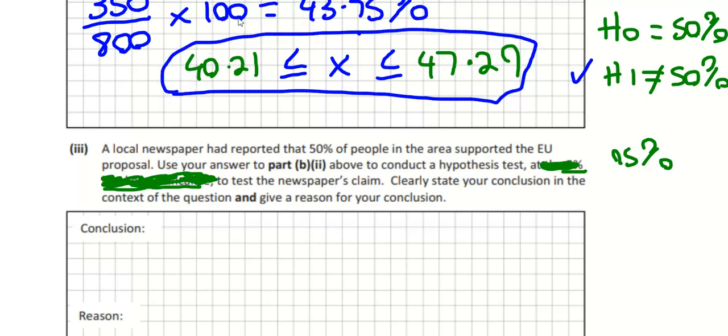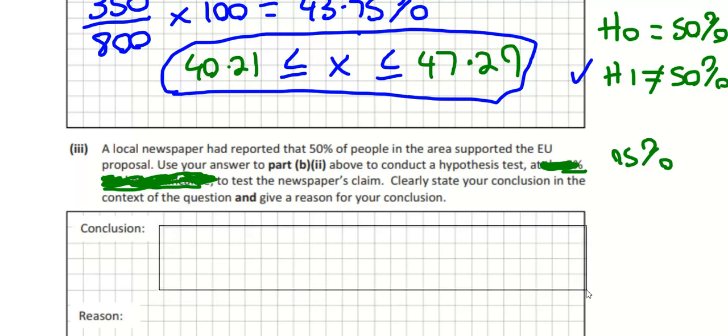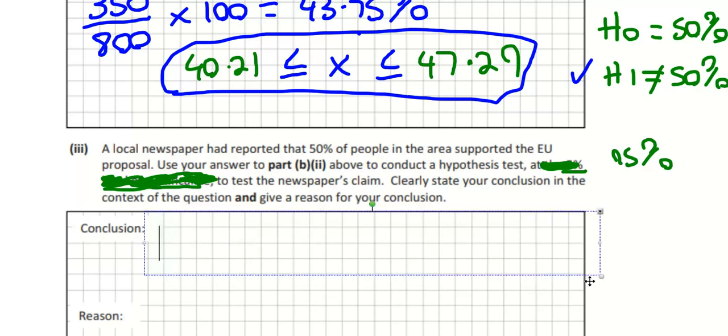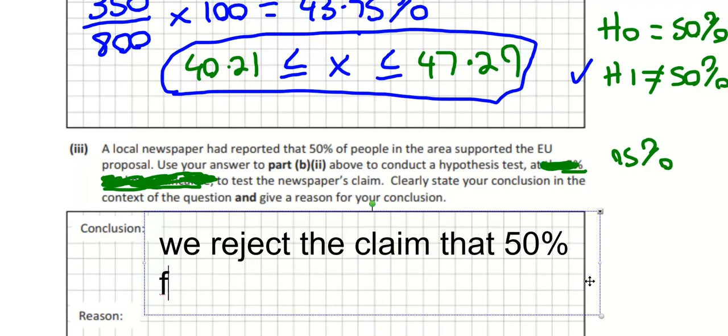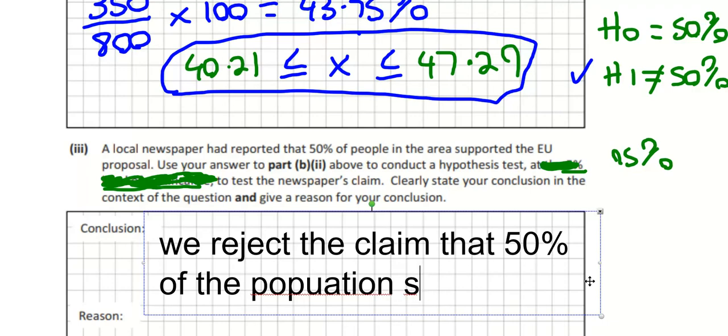So what we're going to say is we reject the claim that 50% of the population support abolition of daylight savings time.